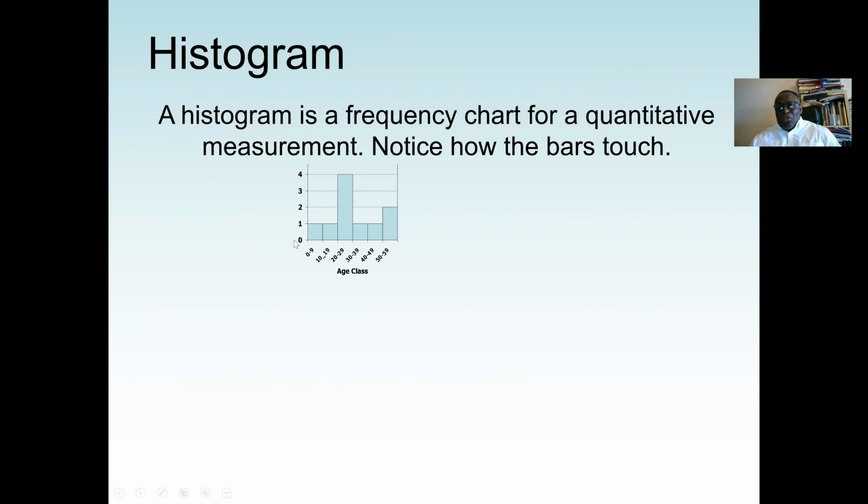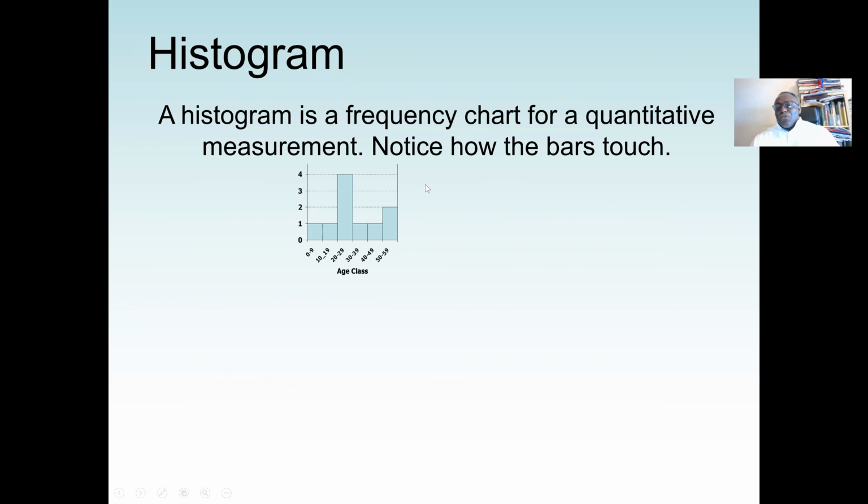Here we can see the frequency from 0 to 4, and the classes 0 to 9.99, 20 to 29, etc. In 20 to 29 we have 4, so the bar goes up to 4. From 0 to 9.99, we have only 1, so 1 bar. Then 50 to 59, we have 50 and 52, so it's 2.